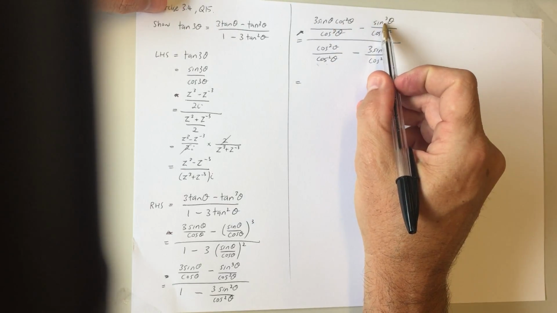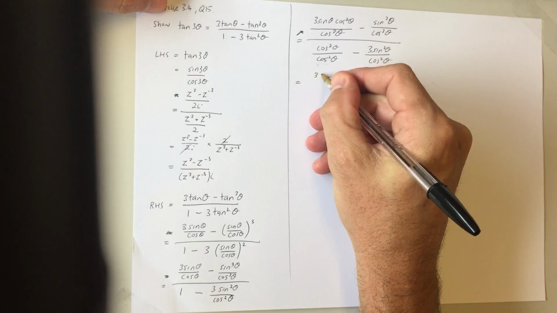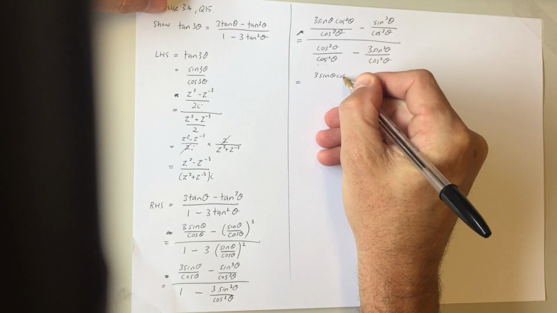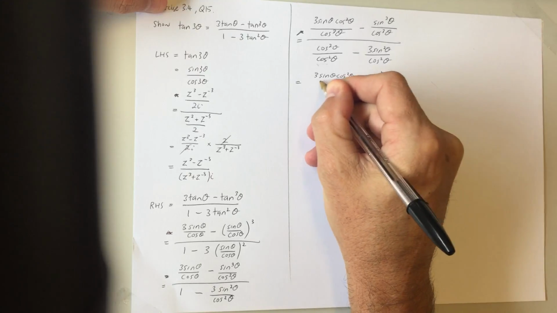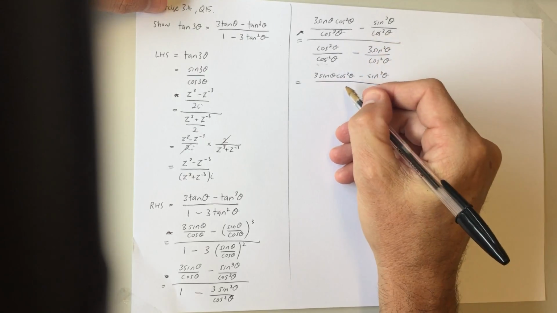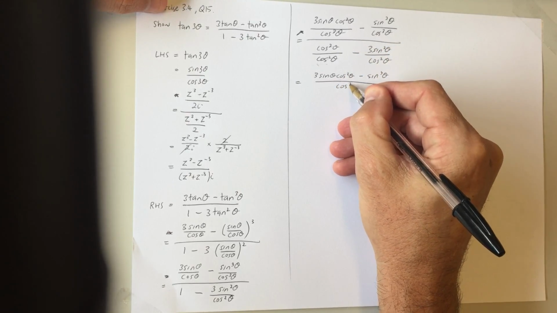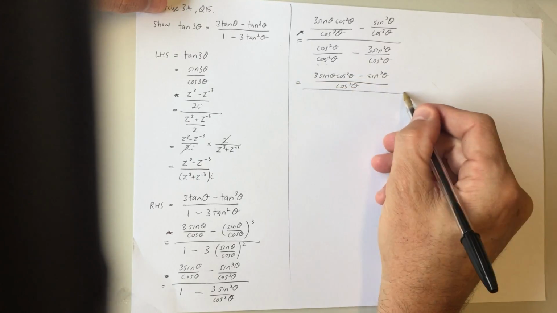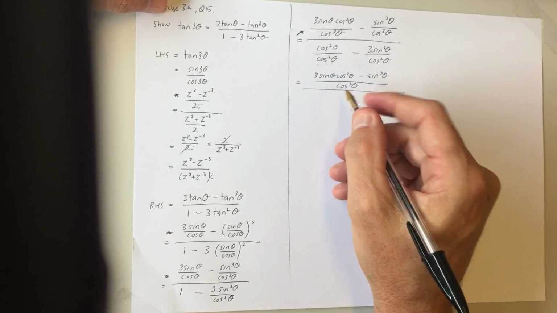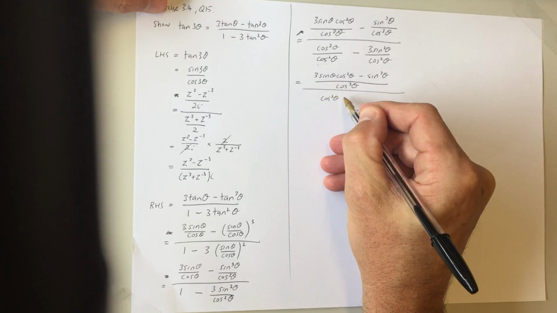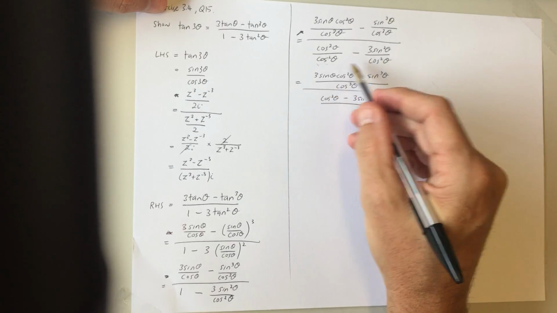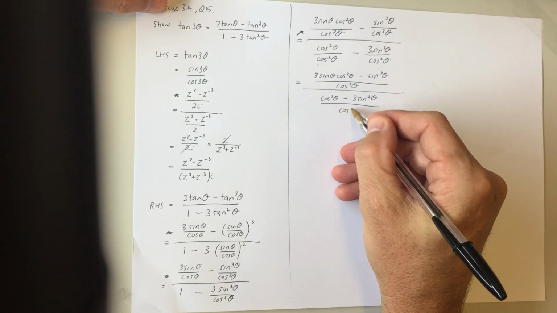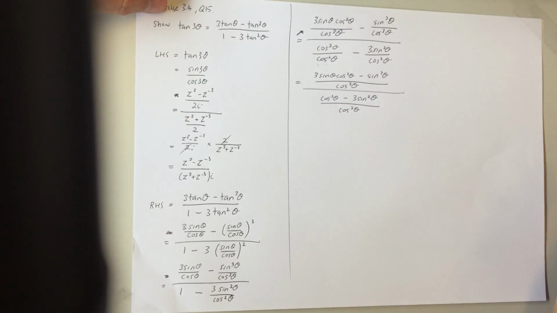So subtract from here. Subtract sine cubed theta. Hopefully you remember the denominators stay the same. And likewise with the denominator, it's going to be cos squared theta all over cos squared theta.